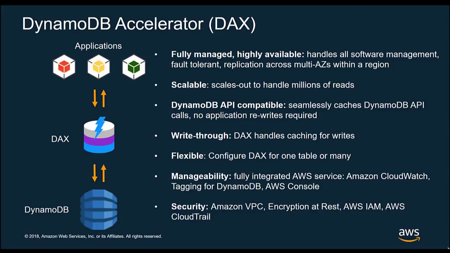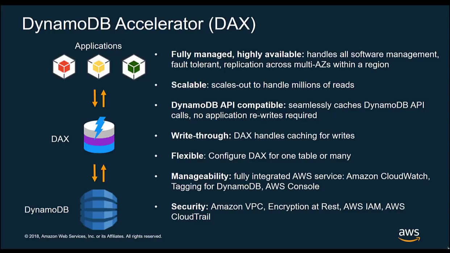Now, DynamoDB on its own is incredibly fast, incredibly performant. But with DAX, we offer a fully managed and highly available caching solution in between the application and DynamoDB itself.